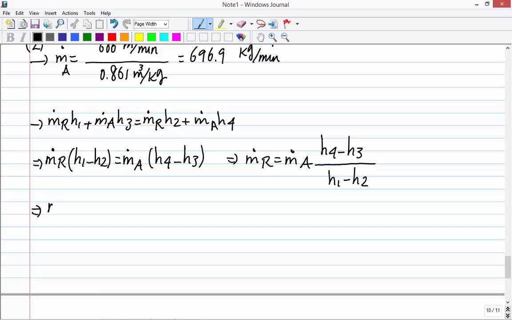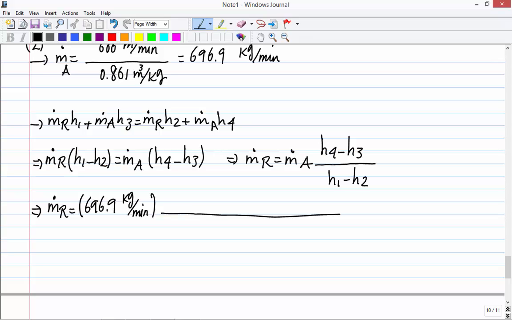M dot r equals m dot a, which I just found, 696.9 kilograms per minute. It's just math, please hold on, and it's going to get finished.